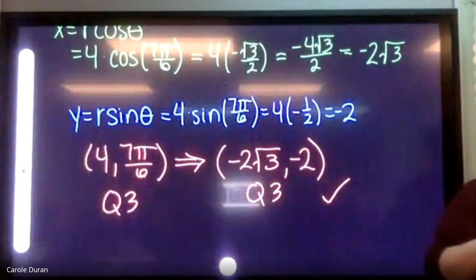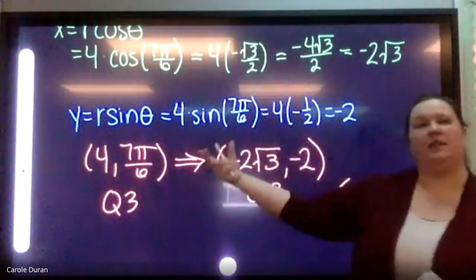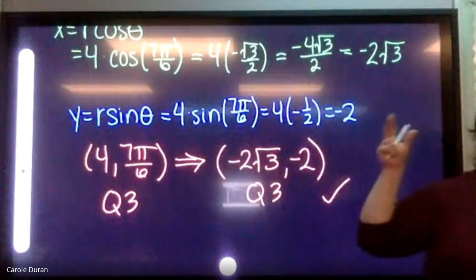Okay, so we did the conversion from polar to rectangular. Now let's go that opposite direction. So let's take a rectangular point and find its equivalent polar point.